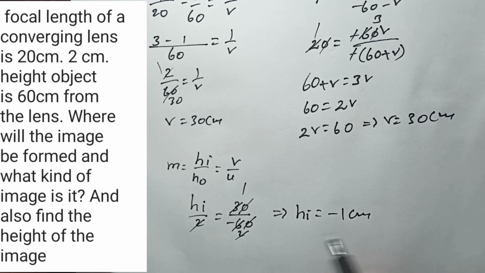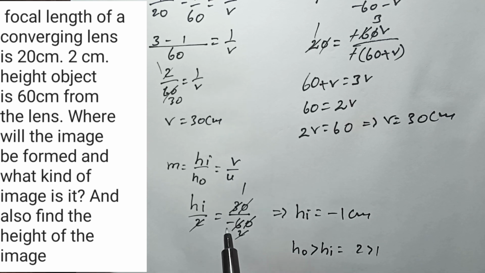Height of the object is greater than height of the image, so 2 greater than 1, means image height is small. That means we got a diminished image, and the negative sign is telling that it is an inverted image, and height of the object greater than height of the image is telling that it is a diminished image.